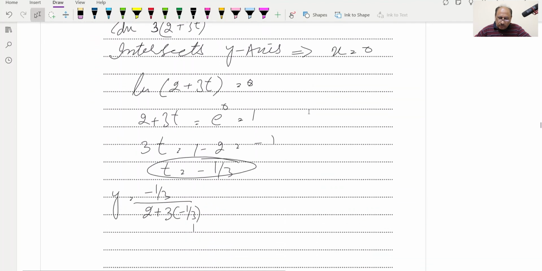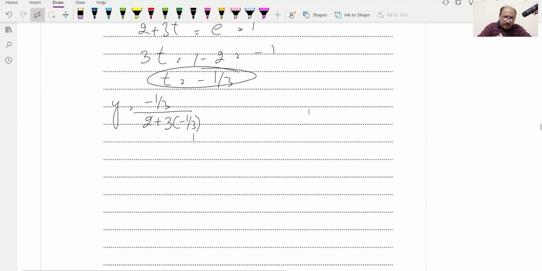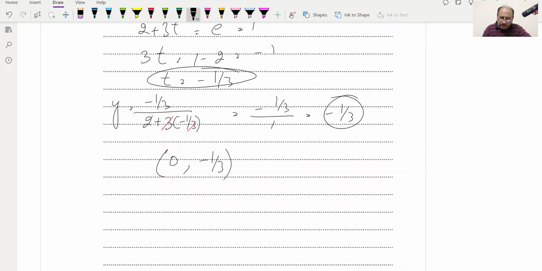Yes. So we can cancel this 3 will be cancelled with this one, and we will get minus 1 over 3 over 2 minus 1 will be 1, so answer will be minus 1 over 3. So y value will be, our point will be what? Point will be 0 and minus 1 over 3.